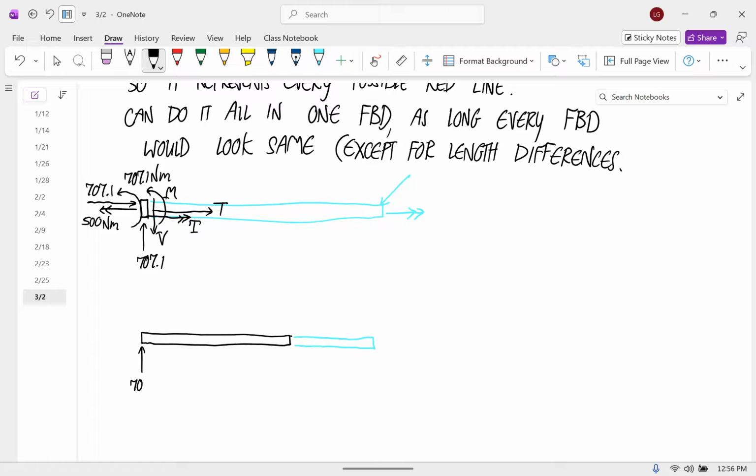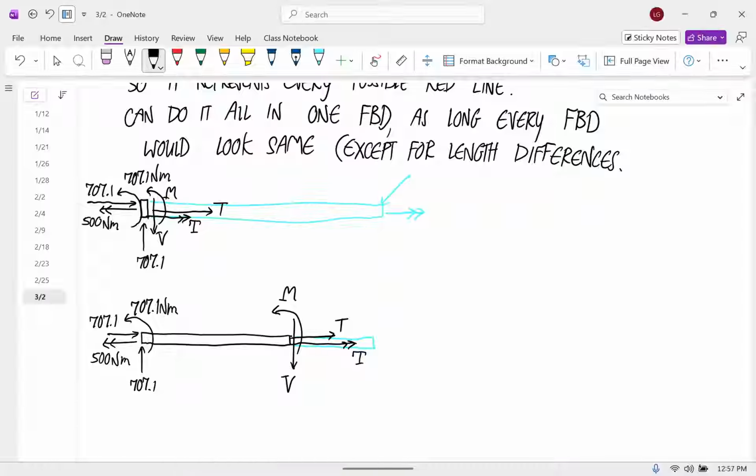And we would have the 707.1, the 707.1, the torque of 500, the couple of 707.1, and then the internal loads T, V, M, fancy T.